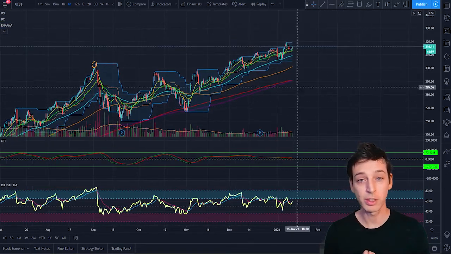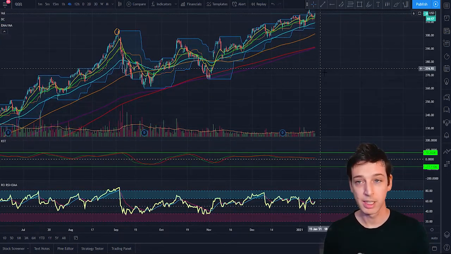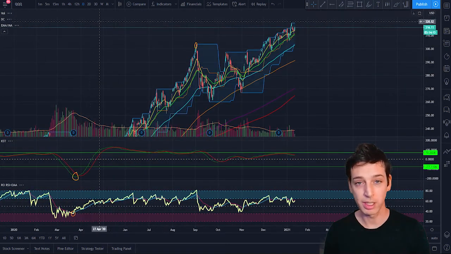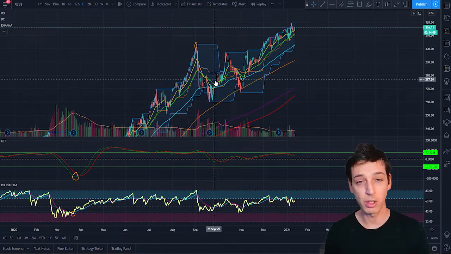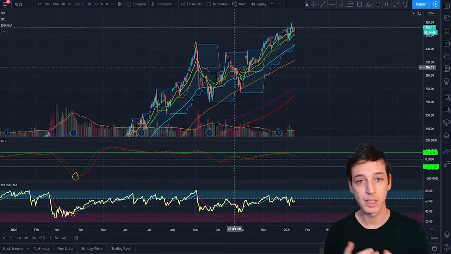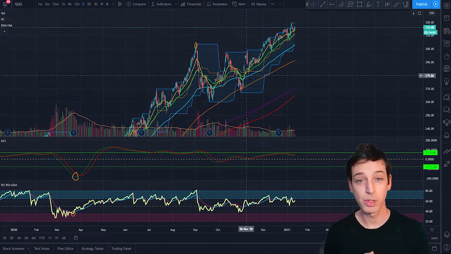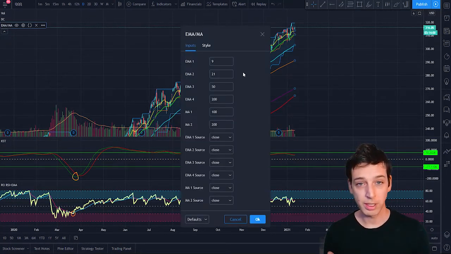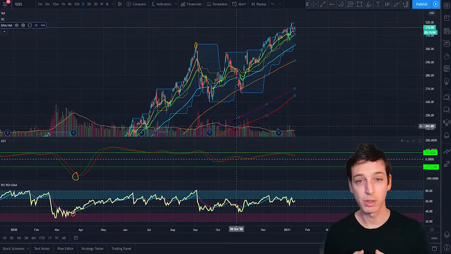For measuring long-term trends, the 9-period simple moving average on the daily chart is a very good indication of whether things are bearish or bullish. Similarly, people use the 200 EMA across all time frames to make an assessment of the recent trend.